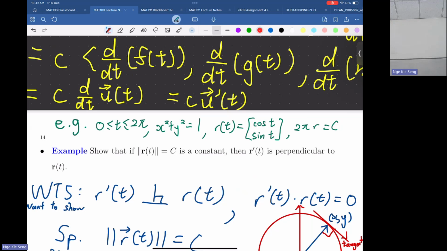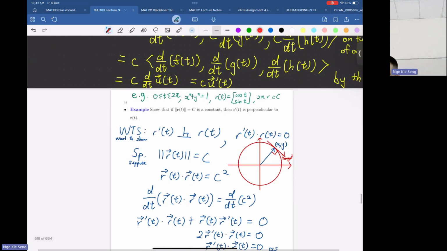Basically it's a circle, but in higher dimension, this is a sphere. So you always get an n-sphere. This is a very strong statement. If you know that the length of your point on your curve is always constant, then you always get a sphere.